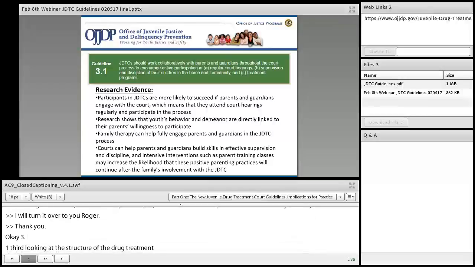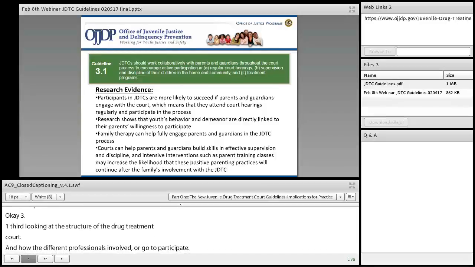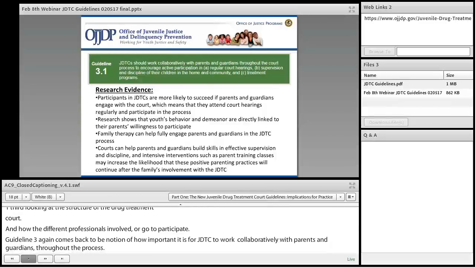Guideline 3.1 again comes back to the notion of how important it is for the juvenile drug treatment courts to work collaboratively with parents and guardians throughout the process, and to encourage active participation in regular court hearings and supervision and discipline of their children in the home and the community and also in treatment programs as well.